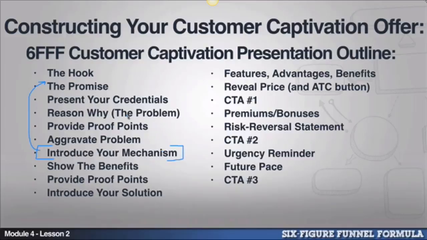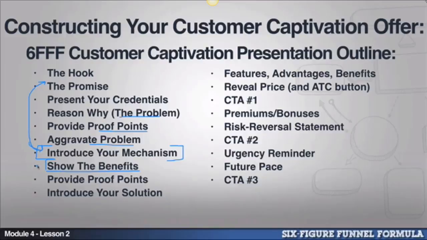We're almost saying, look, this is what you're dealing with right now. Here's the proof for it. This is what's going to happen to you if you don't take action today. Fortunately, there is, boom, a mechanism that gives them benefits, right? And then we show them the benefits, and we list out the benefits of this mechanism, right?